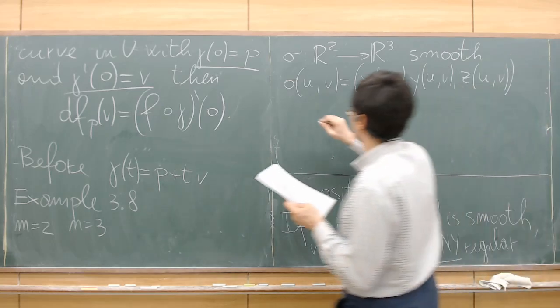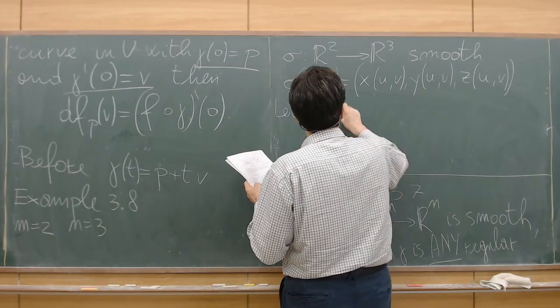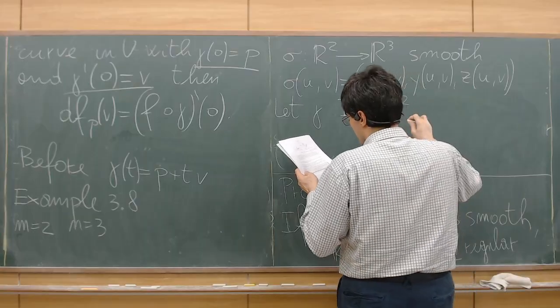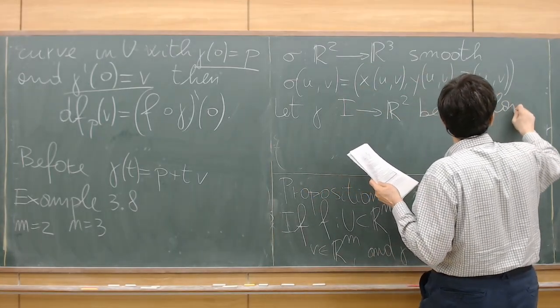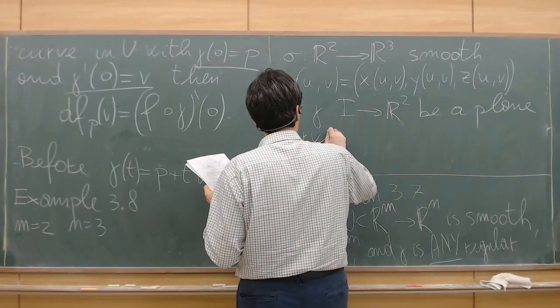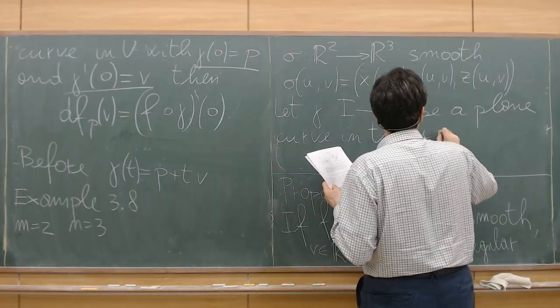Then let gamma be a plane curve in the UV plane.